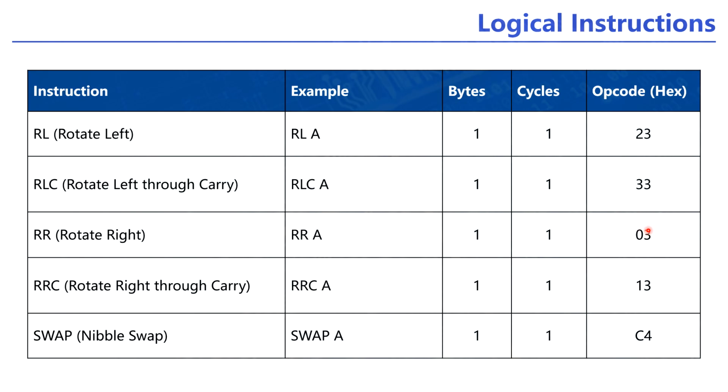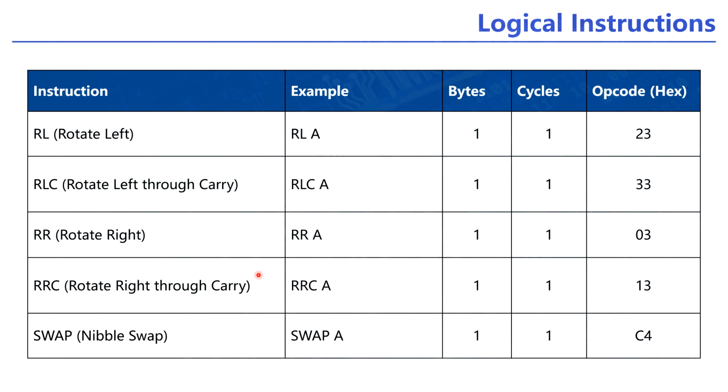Suppose we want to use this code; it is just like rotate right accumulator. Rotate right through carry: we can use the instruction RRC A. This instruction is a 1-byte instruction, and 1 machine cycle is required for its execution. 13H is the opcode of this instruction.